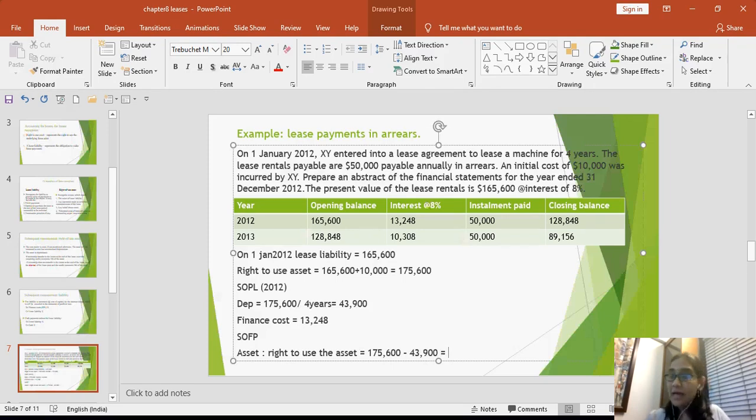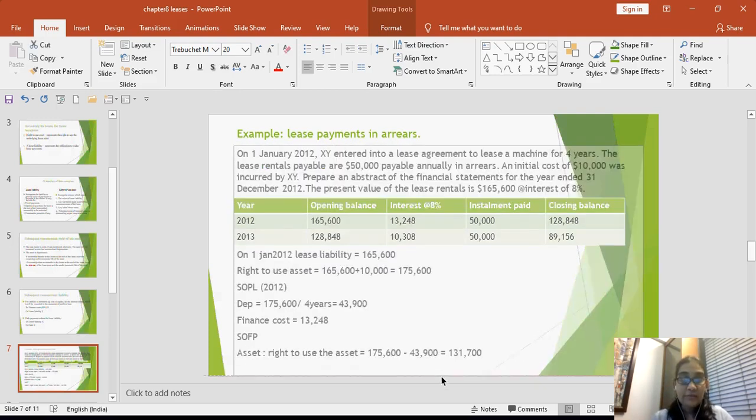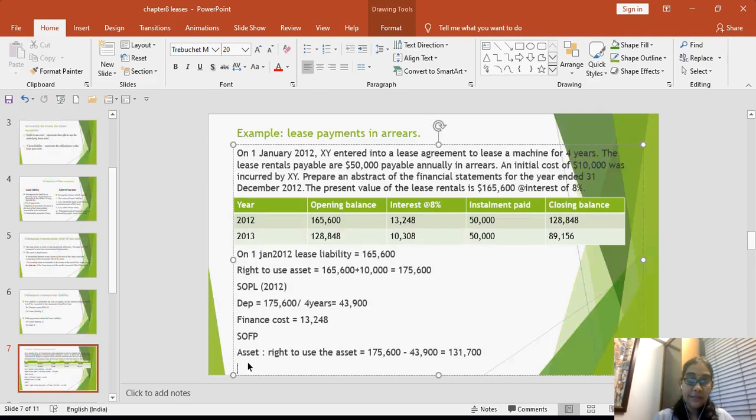So you will have a carrying amount of, just a moment, 1,75,600 minus 43,900. So you will get an amount of 1,31,700, right?